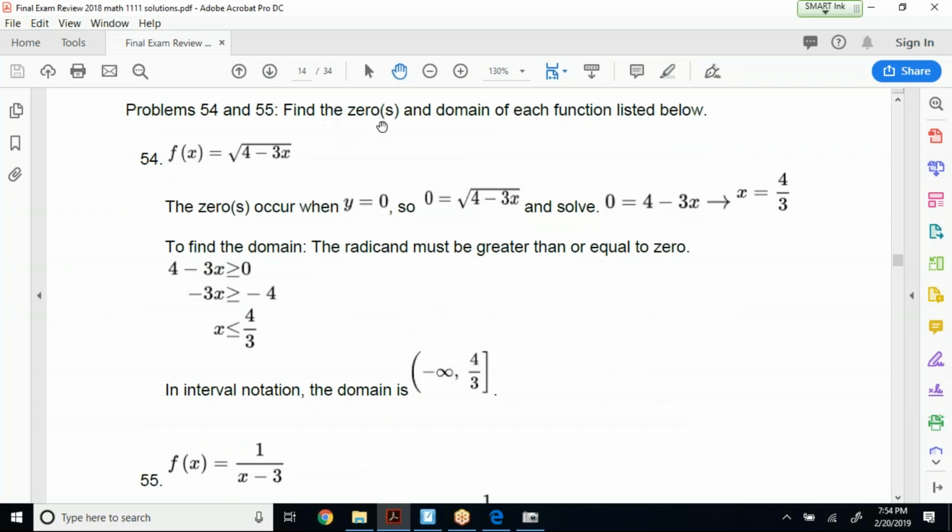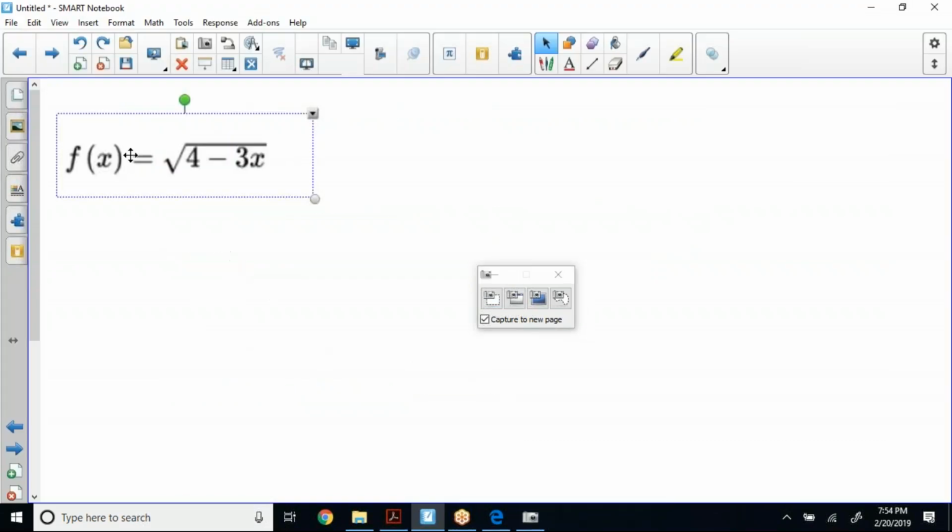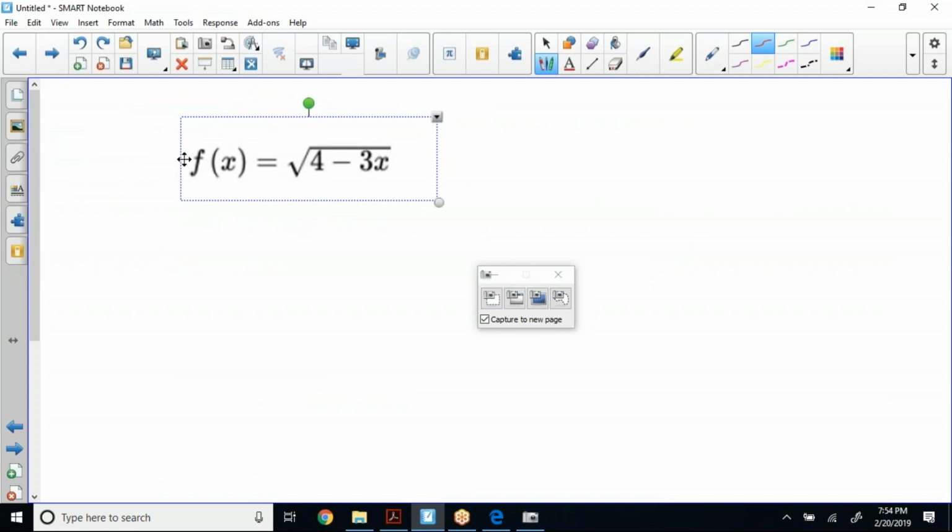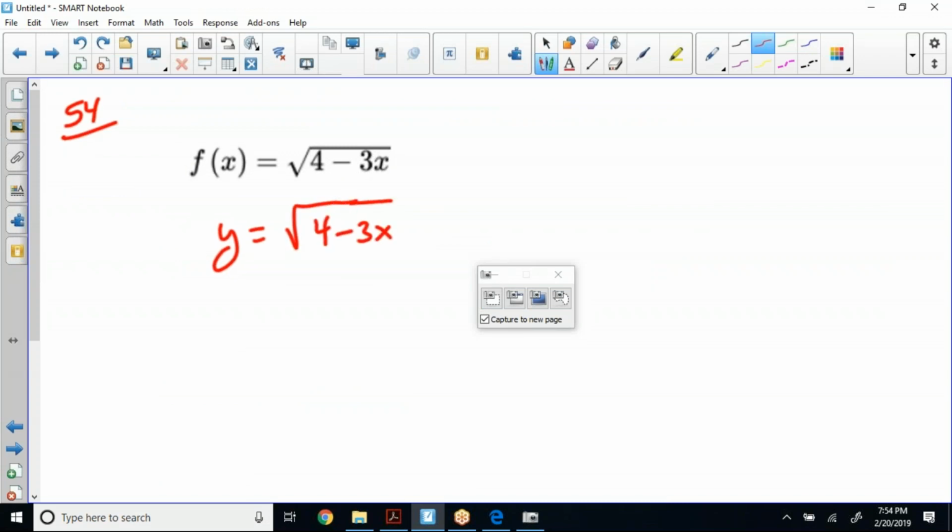domain question. Find the zeros and domain. All right, so it's a two-parter, right? Which problem is this now? 54, and write that there. Okay, so if I have to find the zeros, that's really the same as saying x-intercepts, right?